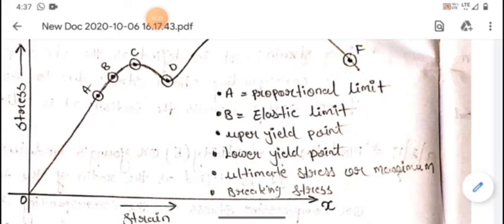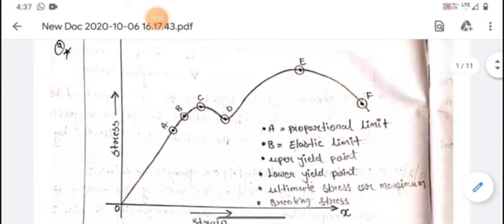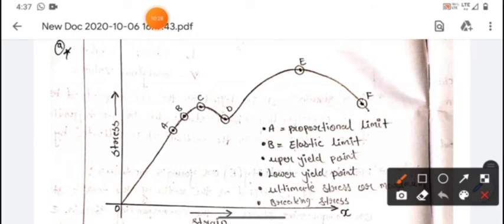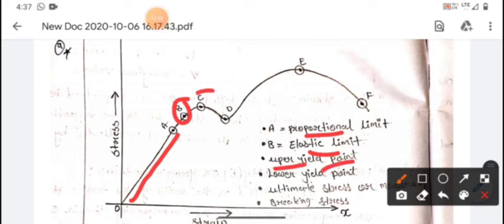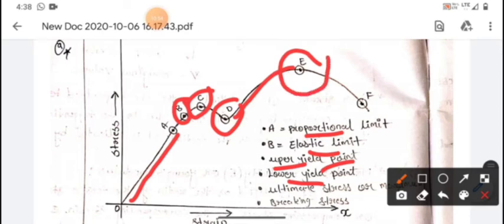One second, we'll recap this curve. It consists of different parameters: the proportional limit, where the stress strain curve is straight; the elastic limit, where after removing the load it will come back to its original position; and as the load increases, the upper yield point builds at point C. As the load drops slightly, it is called the lower yield point, and as the load increases it reaches the ultimate stress.